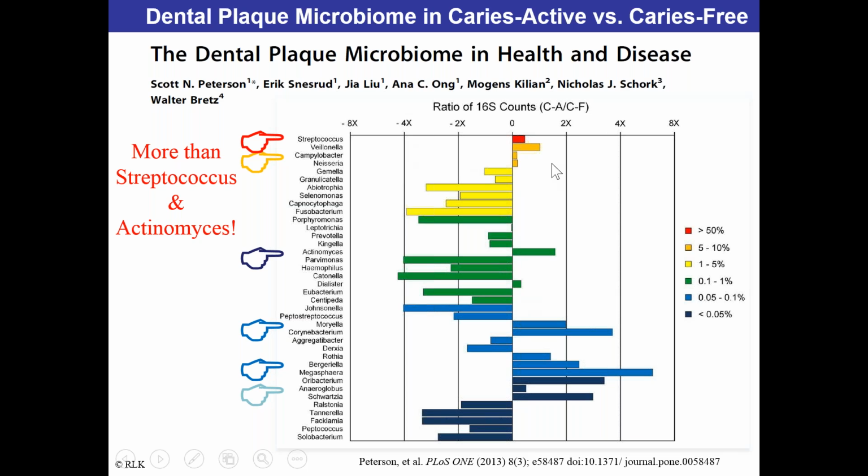So the ones that we have to start looking at are the Streptococcus species, the Veillonella species, the Campylobacter, and the Neisseria. All of those seem to be highly expressed in those that have active caries. And so it's interesting to note those differences.